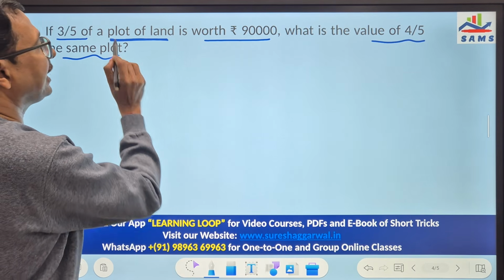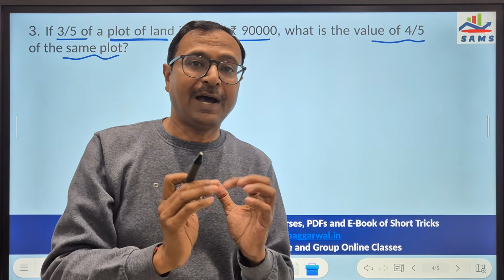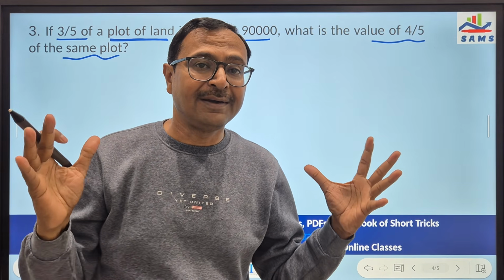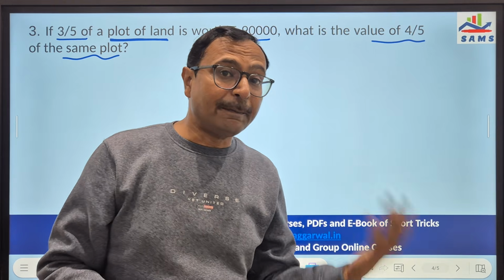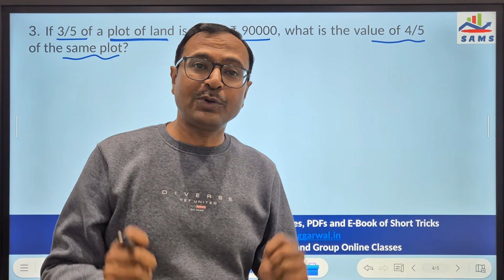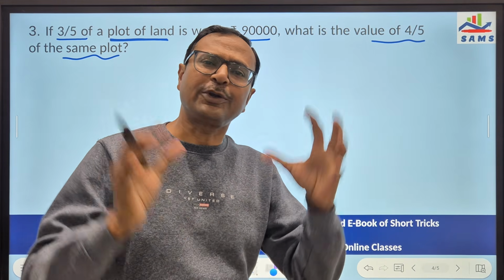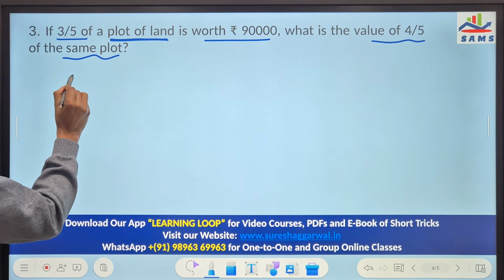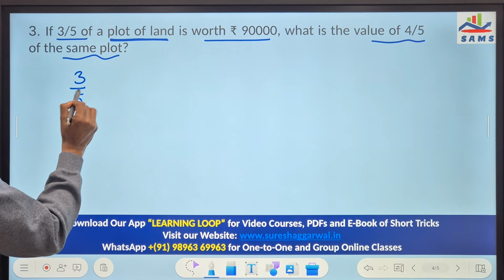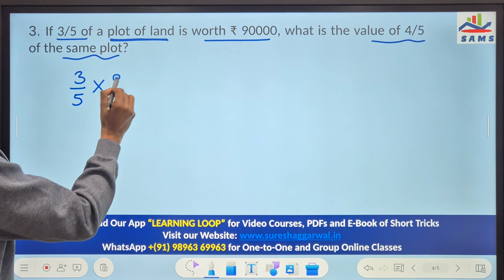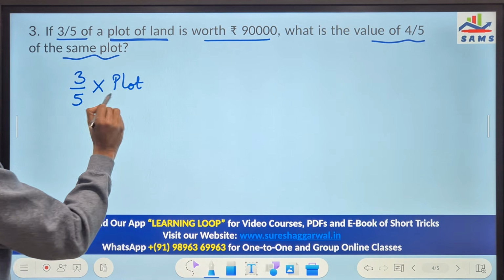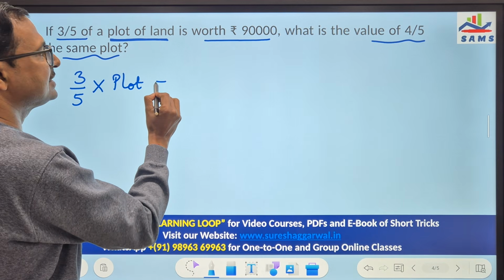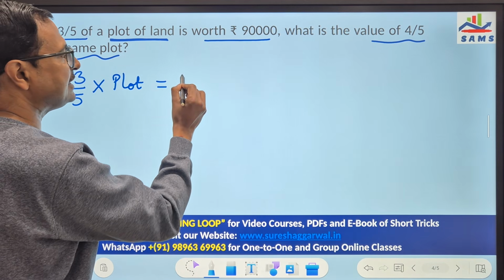Now this plot of land is a variable. I don't know how much the plot of land is, and that is why, just like the number in the first question, I am going to assume the plot of land as plot itself. So 3/5 of the plot, the complete plot, is worth rupees 90,000.